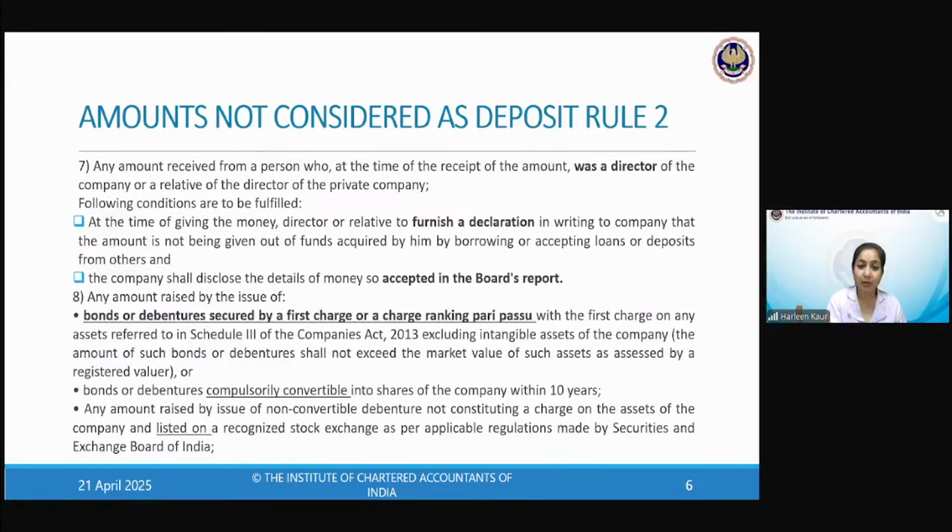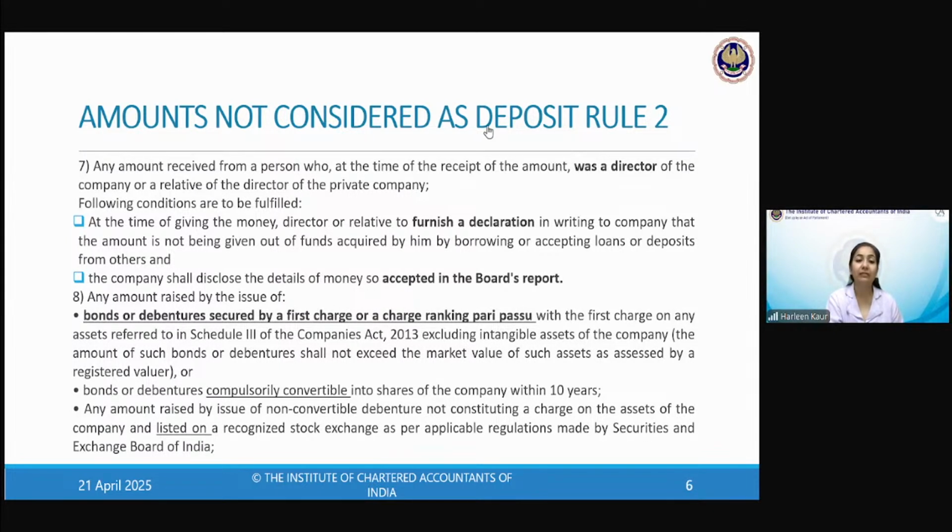Harsh has asked about market value. Nishapal, I hope the first point, first charge, is clear now. Okay, Harsh, market value is simply telling you what security is given. Say, for example, I'm issuing you debentures of 1 lakh rupees, and I am giving you security worth 80,000 in return. That is not valid. The real value of the asset given as security has to be decided by a registered valuer.